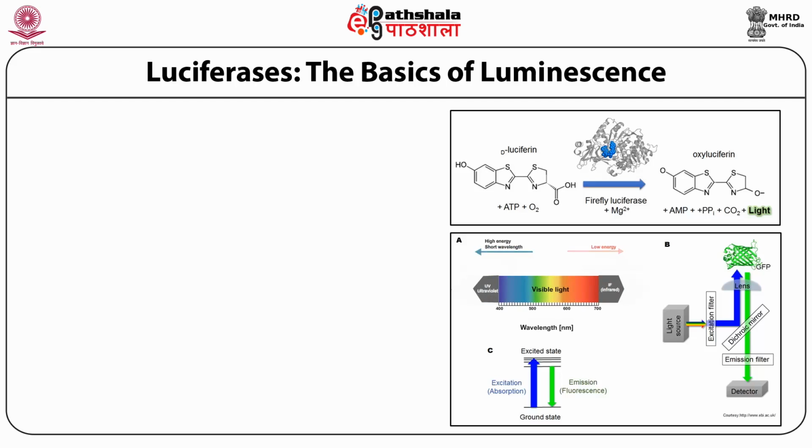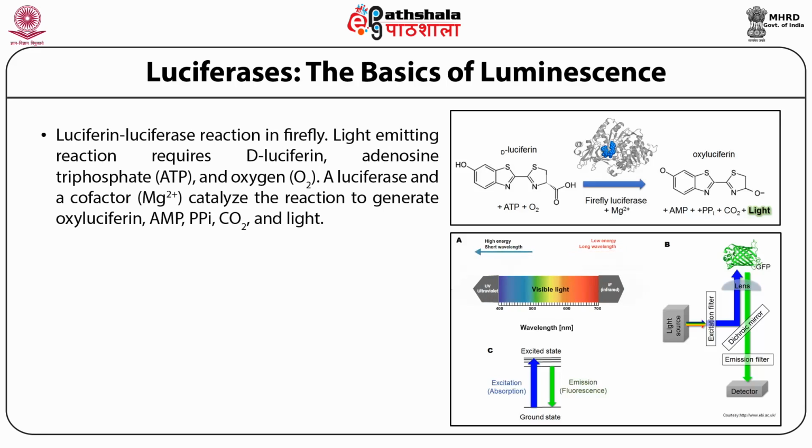You can see here the luciferin-luciferase reaction in the firefly. The light-emitting reaction requires D-luciferin, ATP and oxygen. A luciferase and a cofactor, magnesium, catalyze the reaction to generate oxyluciferin, AMP, inorganic phosphate, carbon dioxide and light.